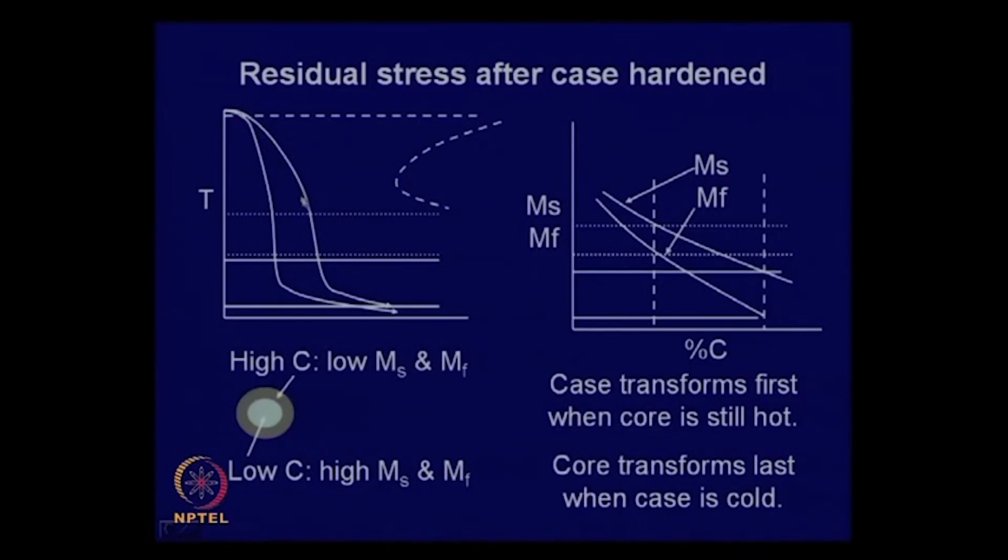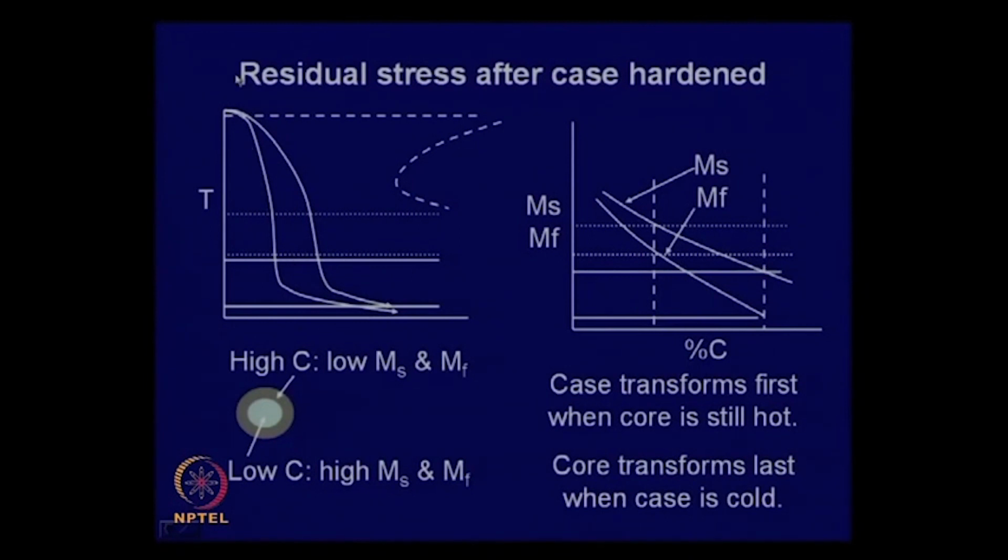Initially the temperature is the same and finally the temperature will also be uniform. So, you have this kind of cooling curve, and this is the case. The case cools much faster, whereas the core cools much slower.